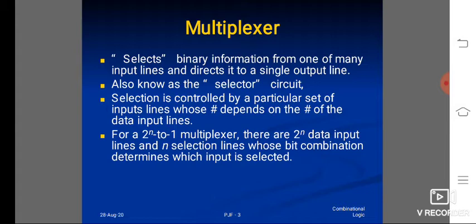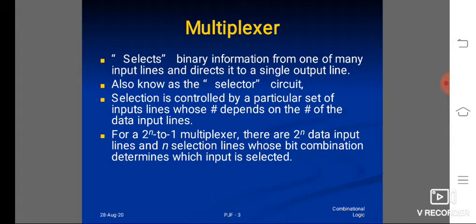Multiplexer, or mux, or data selector: so many names are used. Why is a mux called a data selector? It is an important question from the GATE point of view also. Whatever inputs we apply, the output is obtained based on the selection lines. That's why a mux is called a data selector.